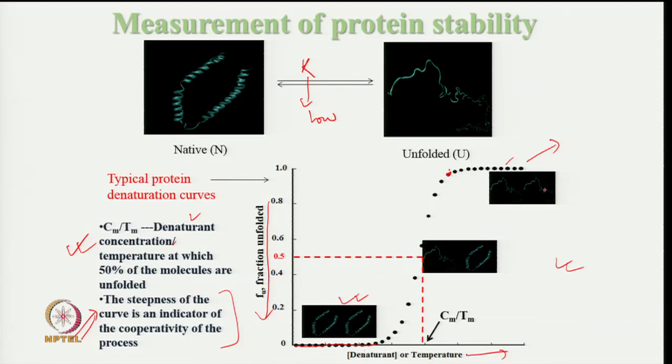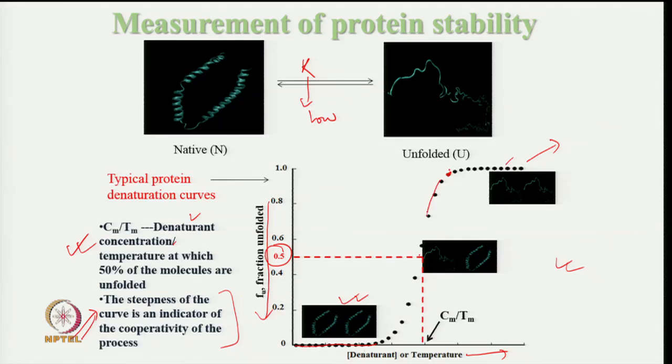So, you can see unfolded protein here, folded protein here, and in between there is a mixture of folded and unfolded form. What is Cm? I already told you that this is the concentration at which the fraction of unfolded form is 0.5, or Tm is the temperature at which the fraction of unfolded form is 0.5.